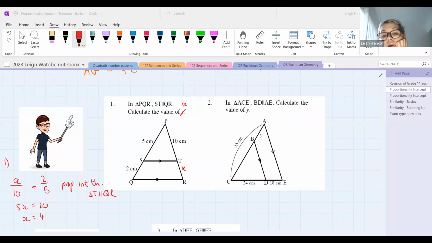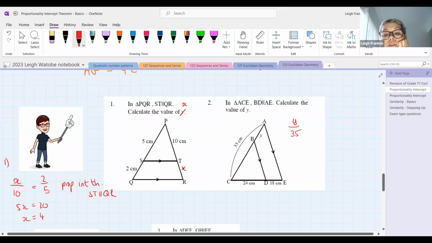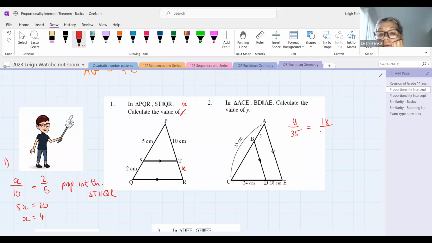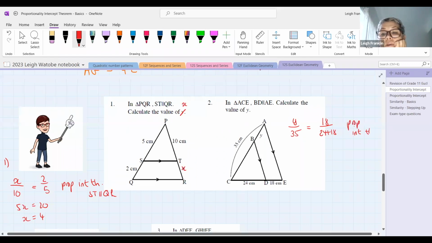So over here, maybe what you did was this, where you said y over 35 is equal to 18 over the sum of the side over here. So 24 and 18. So 24 plus 18. Again, write your reason. Don't forget to name the parallel lines. So BD parallel to AE. And again, we're going to cross multiply.